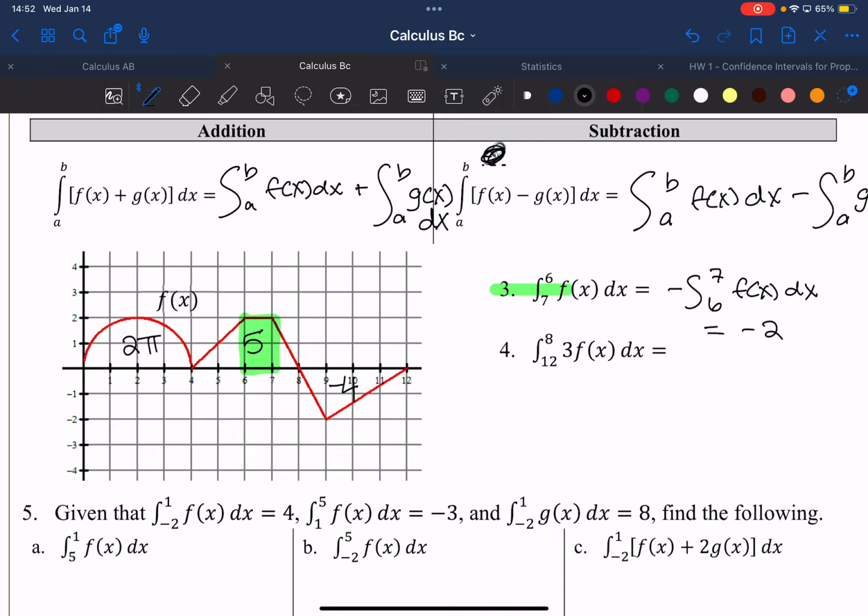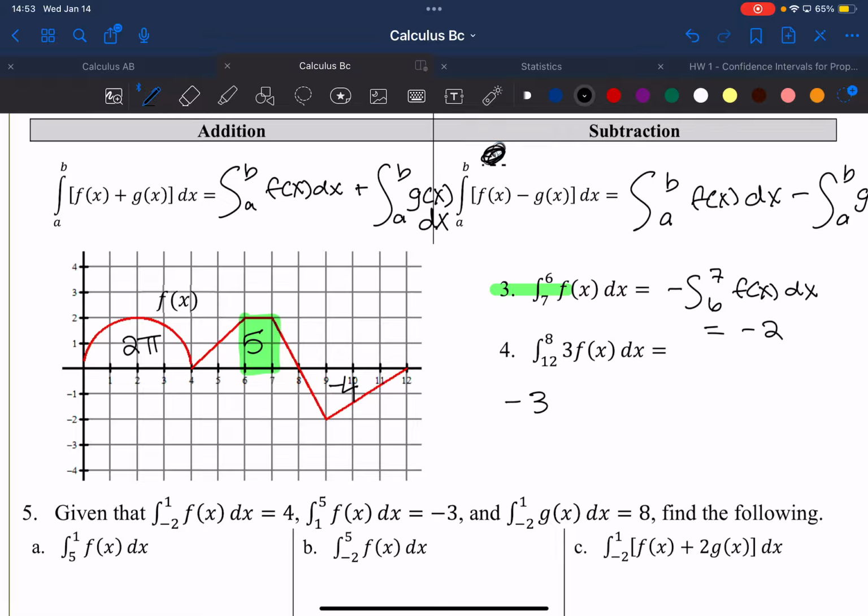Looking at number 4, we can actually use 2 properties. What's the first one? The multiply by constant, which means we can remove the 3 and put it on the outside. And what's the other one? The reversal of limits. Good, reversal. So we have 12 to 8. What should it really be? 8 to 12. So this is equal to negative 3.